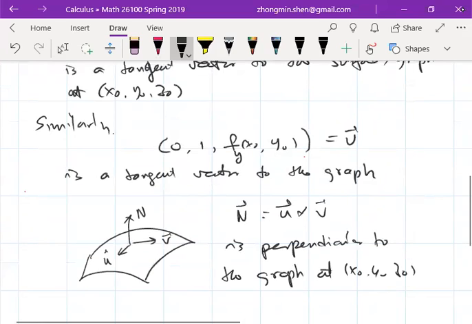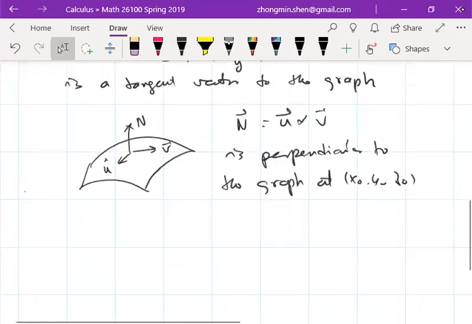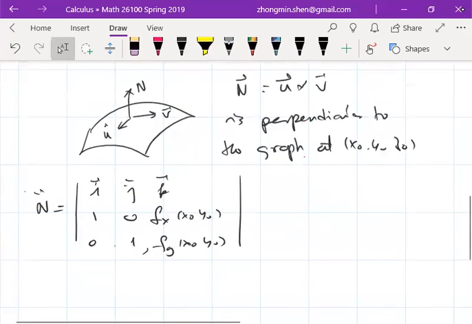Okay, let's find out what n is. n is going to be the determinant with i, j, k, then 1, 0, f_x, and 0, 1, f_y. So you expand it. This is a cross product, right?